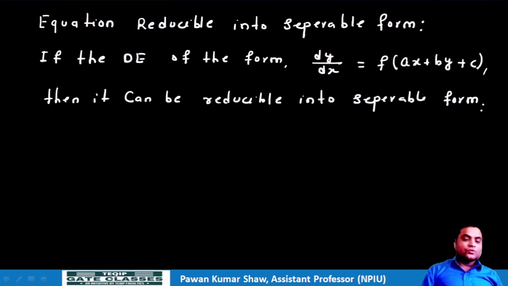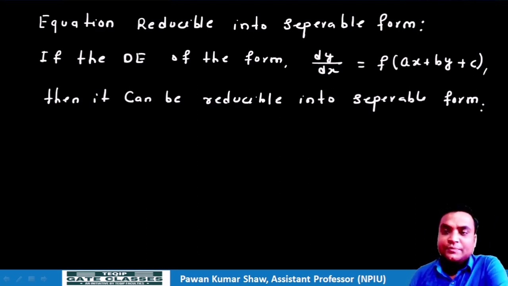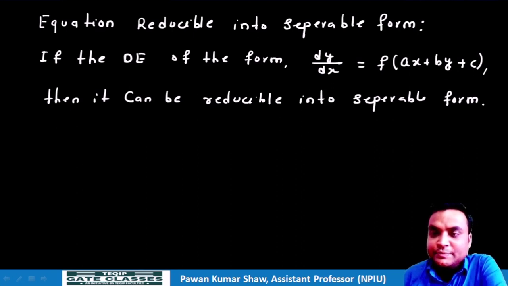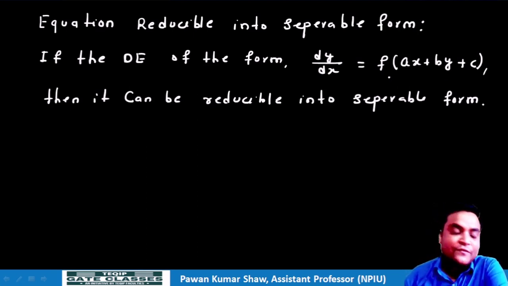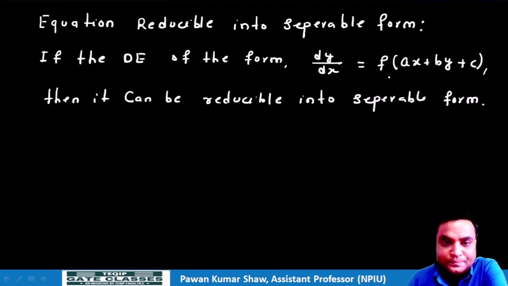Right? So how can we convert it to separable form? After taking this ax plus by plus c, if you assume something, then we will be able to convert our problem into separable variable form.